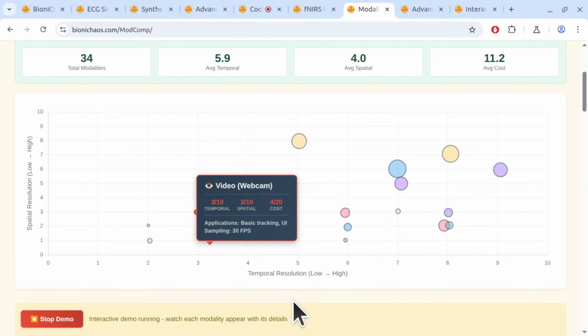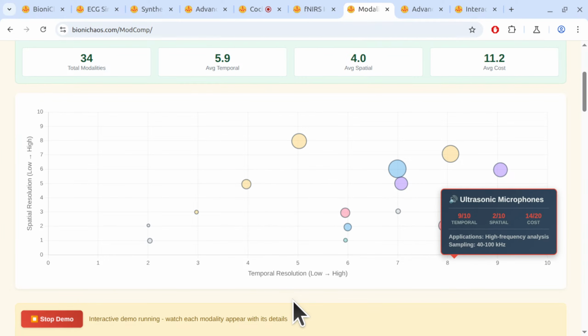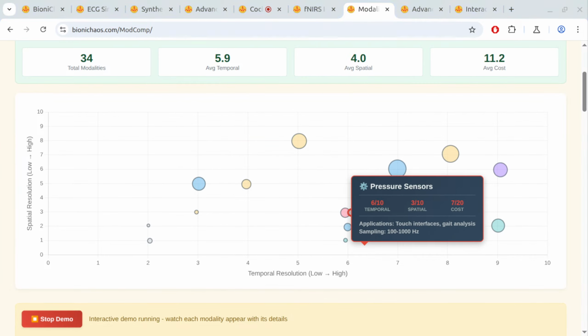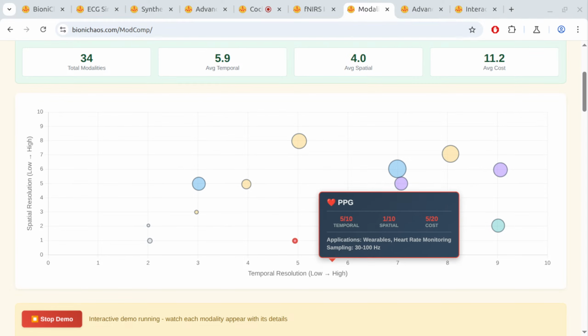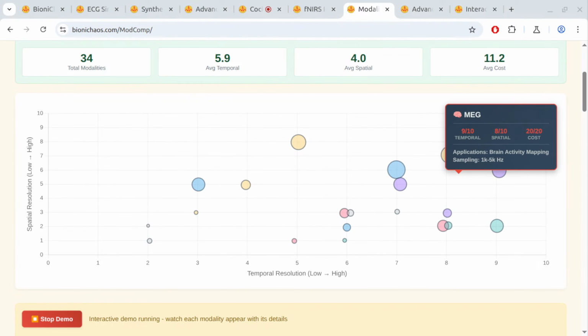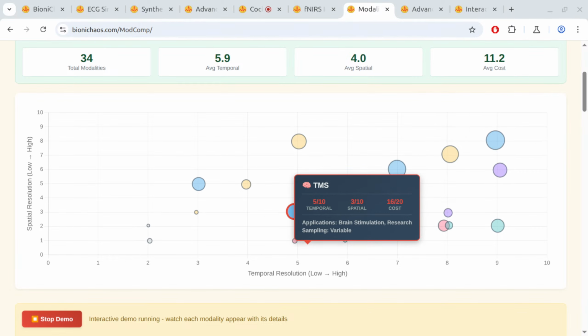All right, the demo is continuing. More modalities are being displayed on the graph, each with its own temporal and spatial resolution and cost information. It shows a variety of options for different applications.